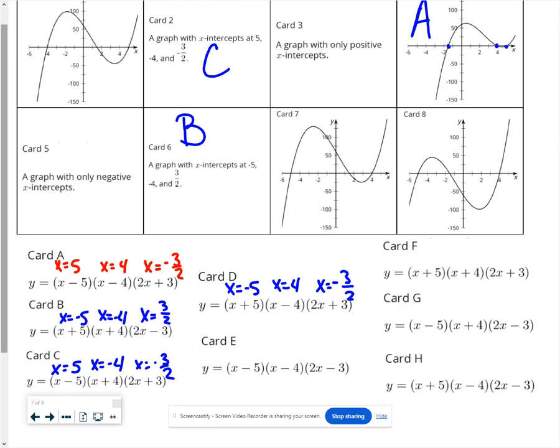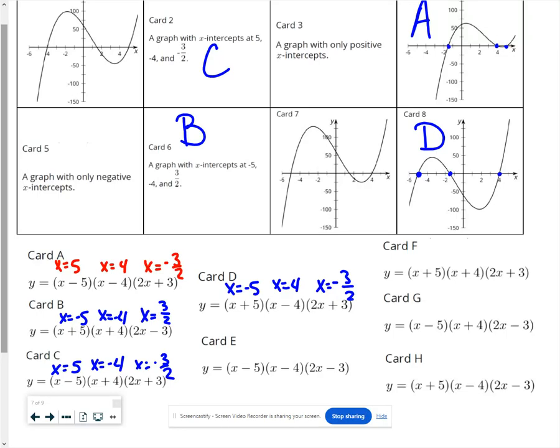So -5, +4, and -3/2. So we've got 2 of them in the negative part. That looks to me like this card 8. Right there's -5, -1.5, -3/2, and +4. So that's card D.